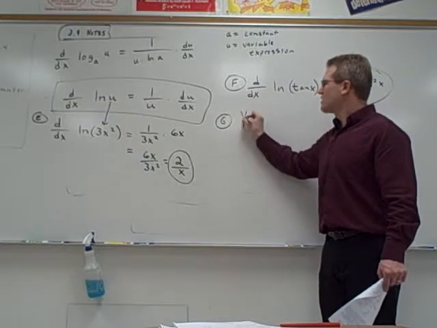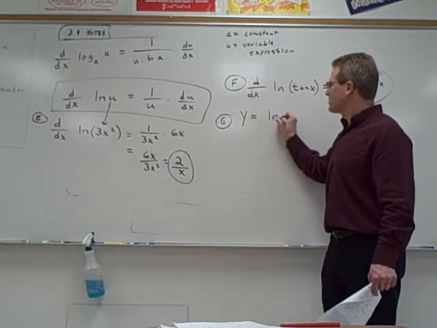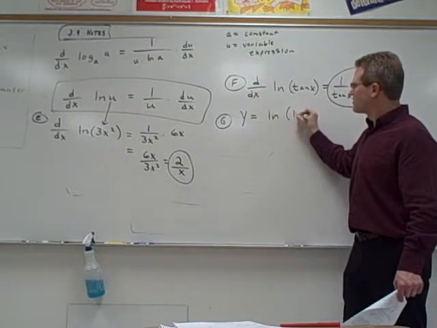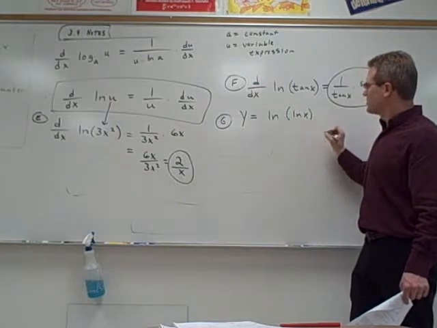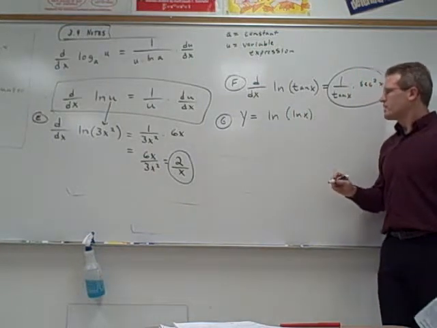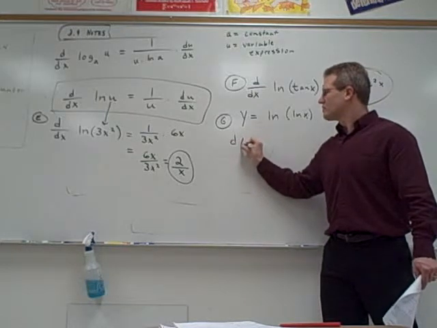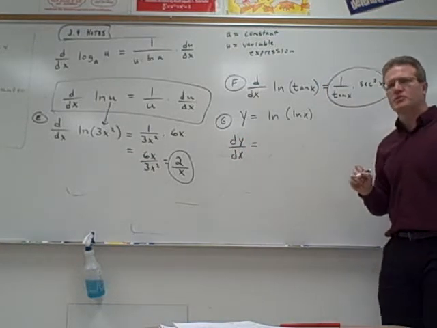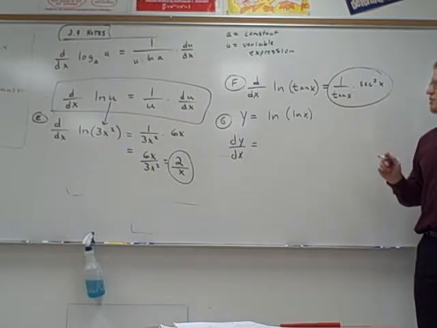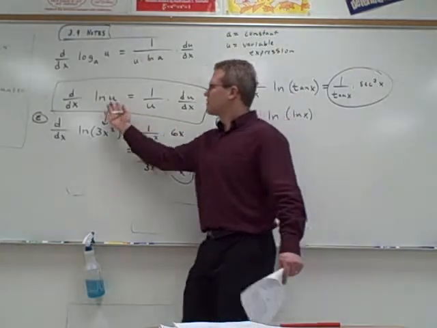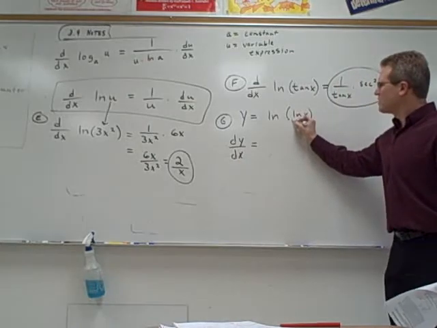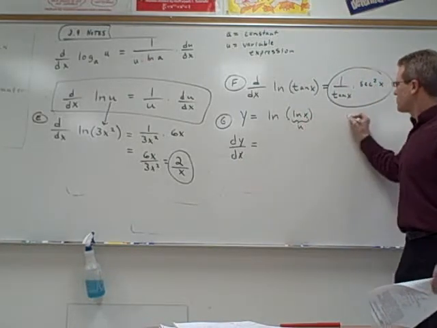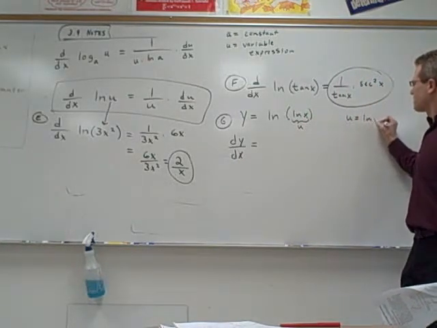One more. Let's say that y equals the natural log of the natural log of x. We'll make this a little trickier. And I want to find my derivative. This will be one of the trickier ones you'll see. So what does u equal in this case? Right. U is this part right in here. So u equals natural log of x.